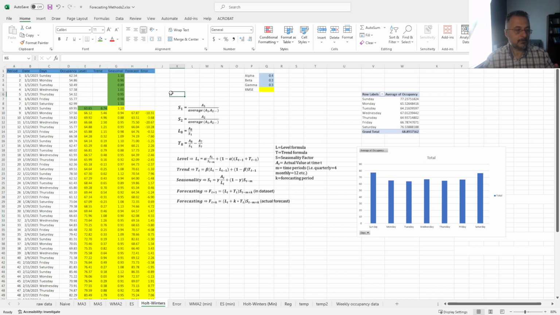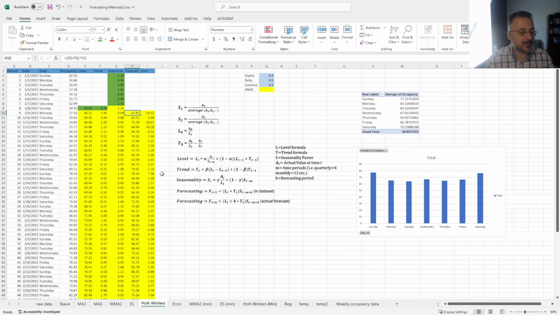So far, we calculated the initials: initial season, initial level, initial trend. We got the seasonals, levels, and trends in the data. So far is good. Now, forecasting is calculated in two approaches. The first one is in-data forecast, which is here.